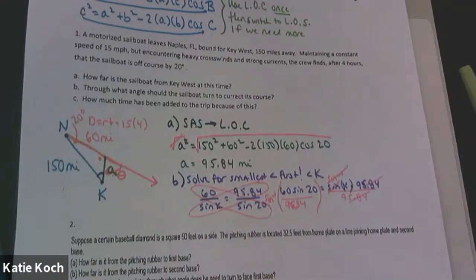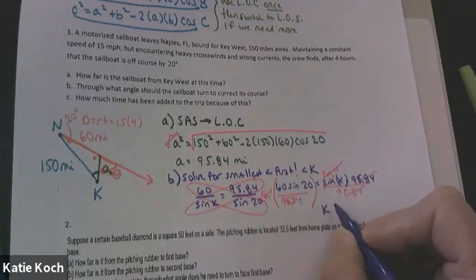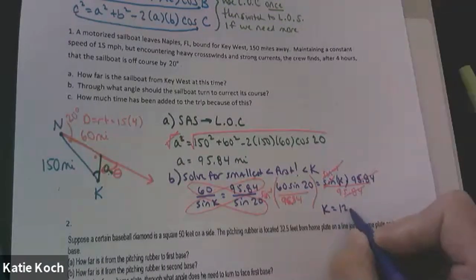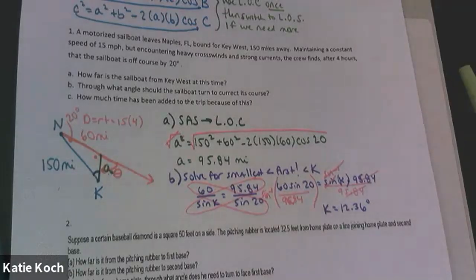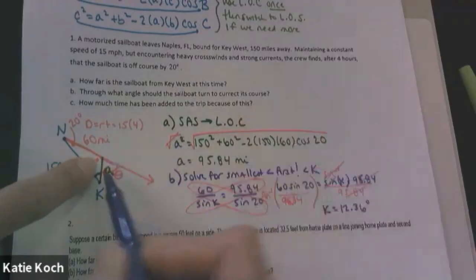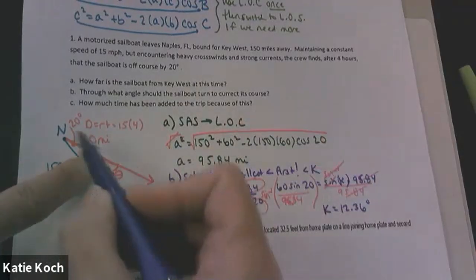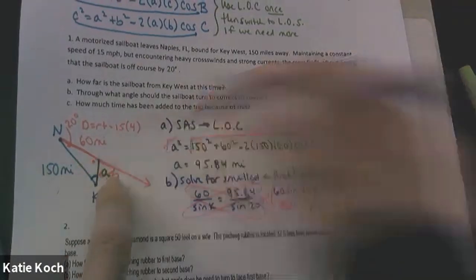Guys, after all of that, remember when somebody said, I remember these taking forever? Yes, because this isn't my answer. What? After all of that, 12.36 is not my answer. That was angle K. So now we go back and say, all right, we can do this. I could solve for the dot there by doing 180 minus this, but then I'd have to do 180 minus that to get that angle theta.